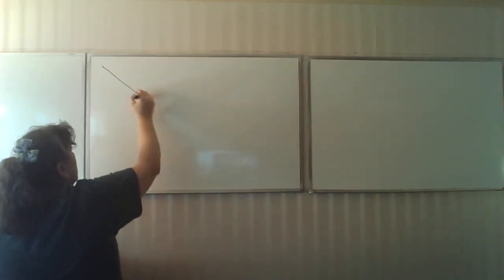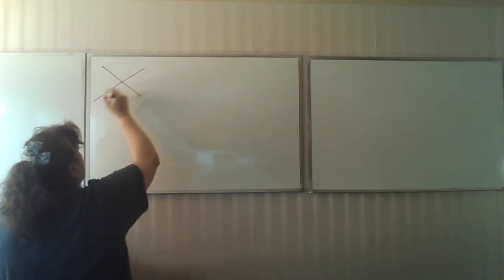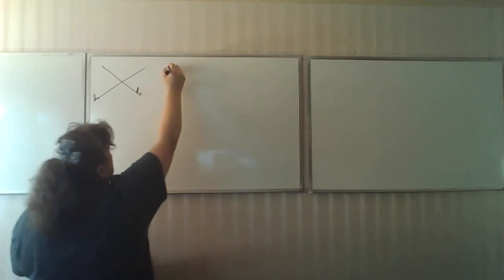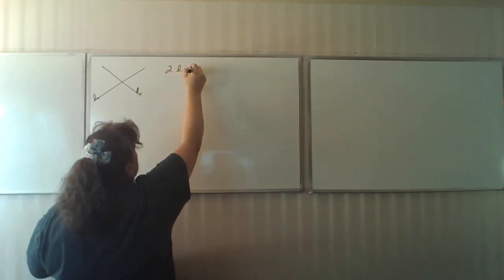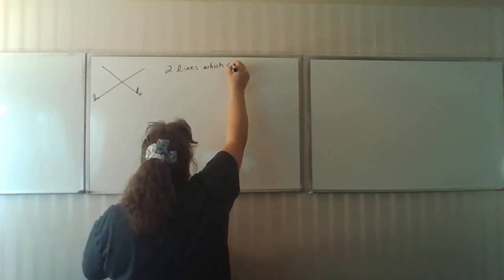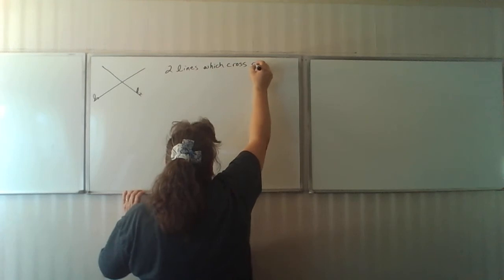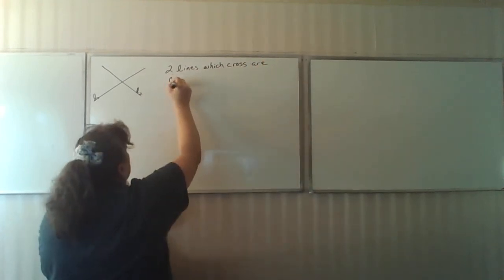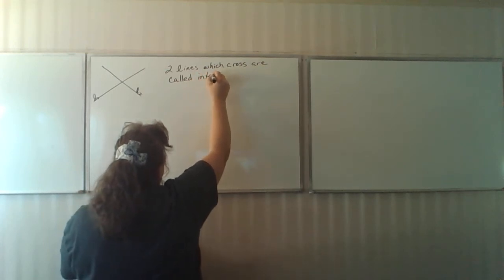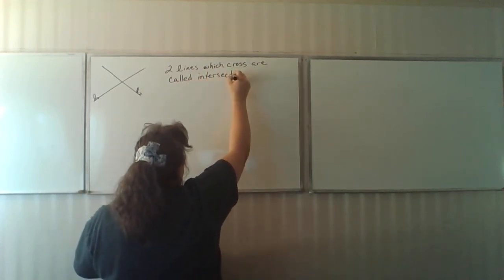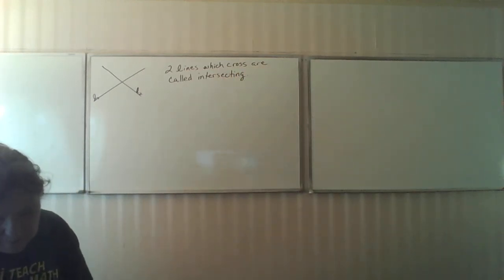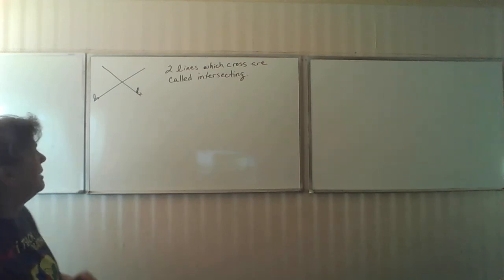Okay, when 2 lines cross, this would be line 1 and line 2, two lines crossing, are called intersecting lines. When we have intersecting lines, there's a lot of information we can get from those intersecting lines, and we'll go into that in a bit.